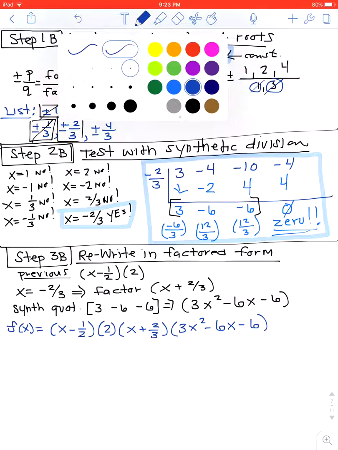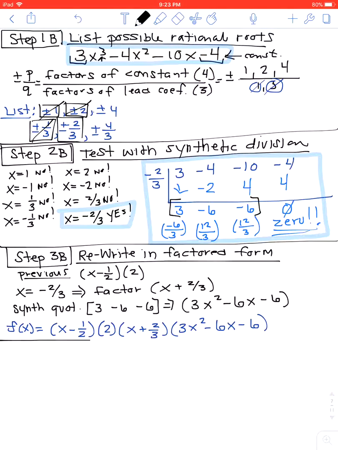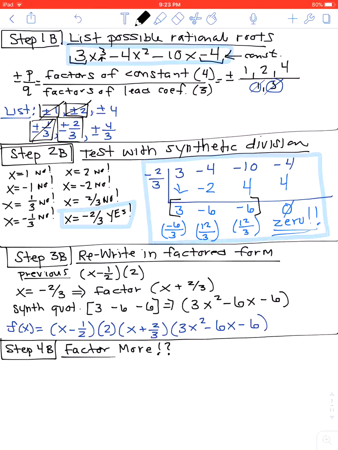What is step 4? It's our rhyming question. Step 4. Can I factor some more? The answer is really always yes, but, you know, just a good reminder. We have a quadratic, so that's nice. It's like a question and a statement.